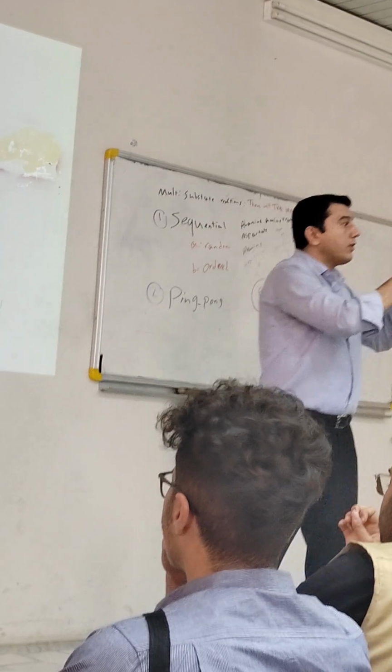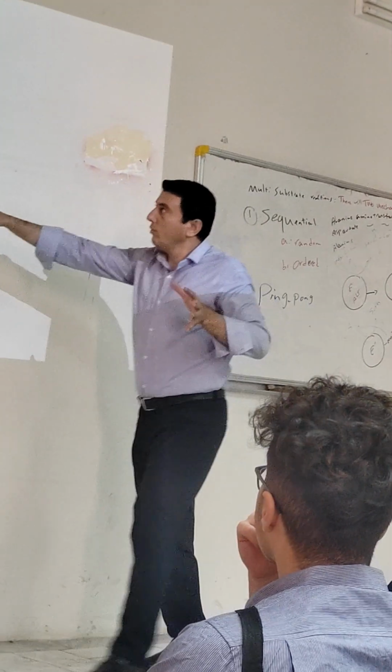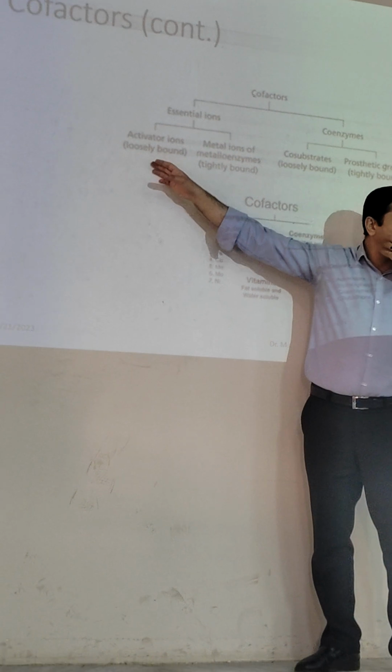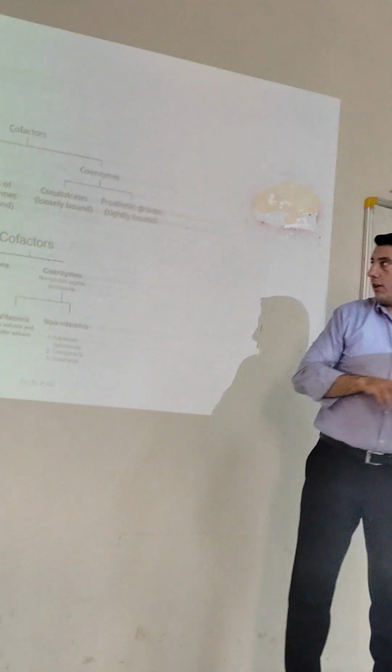Some metals are needed for structure, not for function. Those ions that are loosely bound to the enzyme are necessary for the function of the enzyme. Good, you understand?